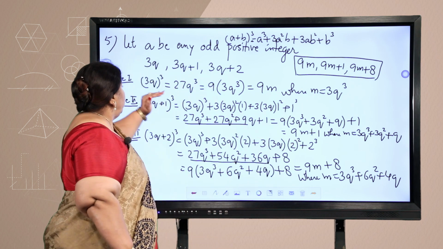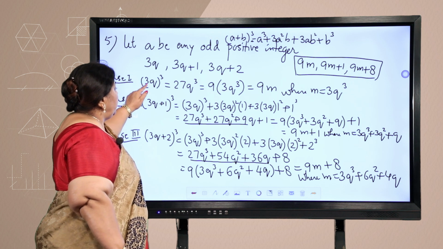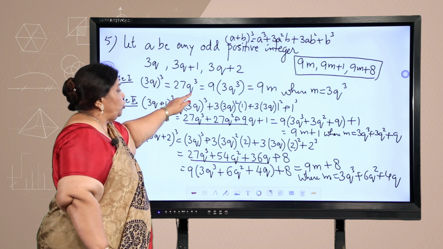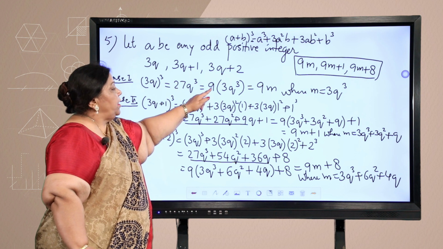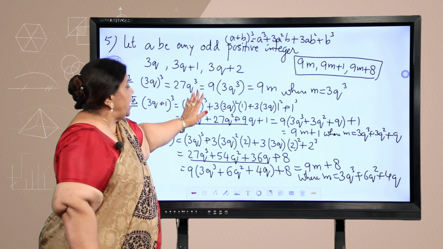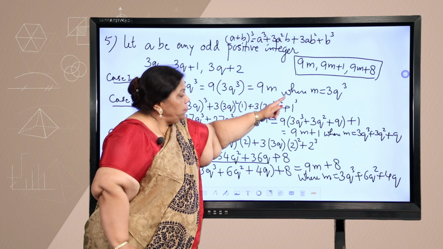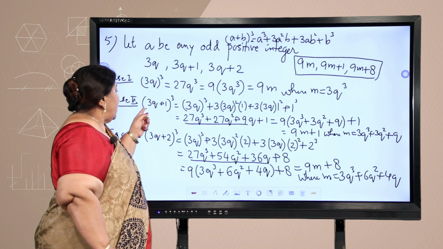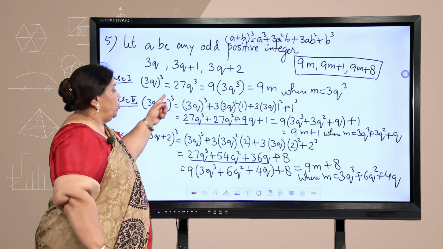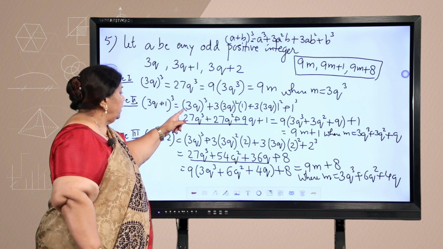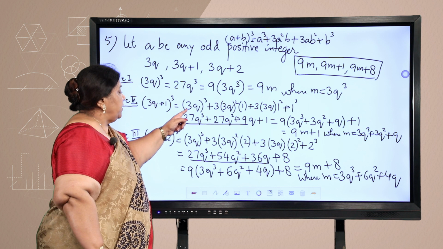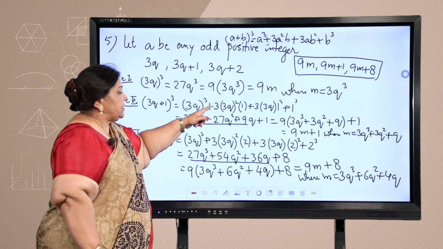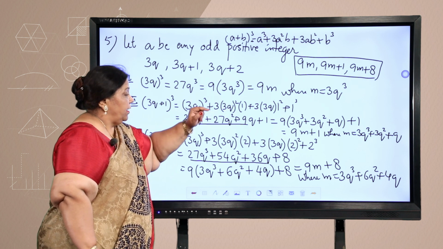Let me just explain you here. In the first case, 3q cube, we got 27q cube, taking 9 as common, we got 3q cube, which I could write as 9m, where m is equal to 3q cube. In the second case, I had 3q plus 1 whole cube. Here, on expanding, I get 3q whole cube plus 3a square b.